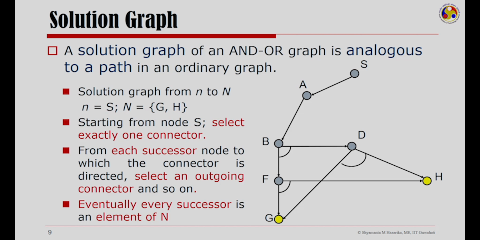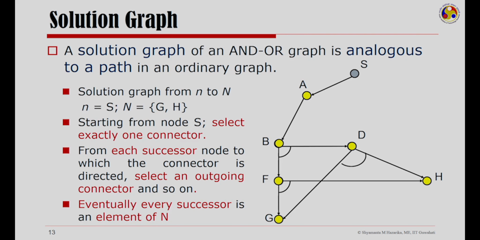Now, if we focus on each of the nodes of the solution graph, it is interesting to note that once G and H are solved, I know that D would be solved, because D is an AND node between G and H. Once I have G and H solved, I can also see that F, which has a 2 connector leading to G and H, can be marked as solved, and then once F and D are solved, I have B marked as solved.